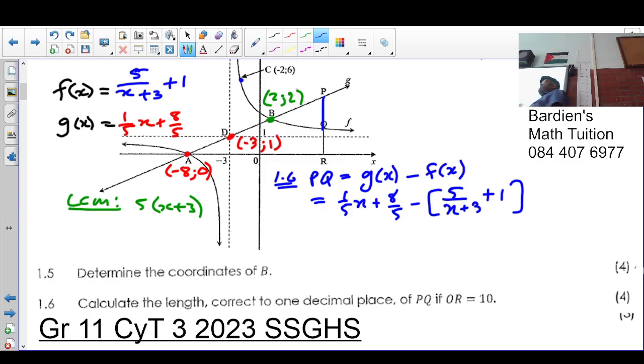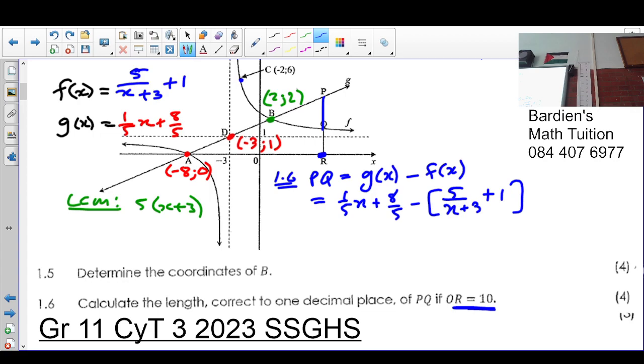Now you can simplify if you want, but I don't want to go into algebraic fractions again. It's not going to get me any extra marks here. Okay? But if I had simplified this, this would have been the algebraic expression for the length PQ. The rest of the question says find the length, correct to one decimal place, of PQ if OR is 10.